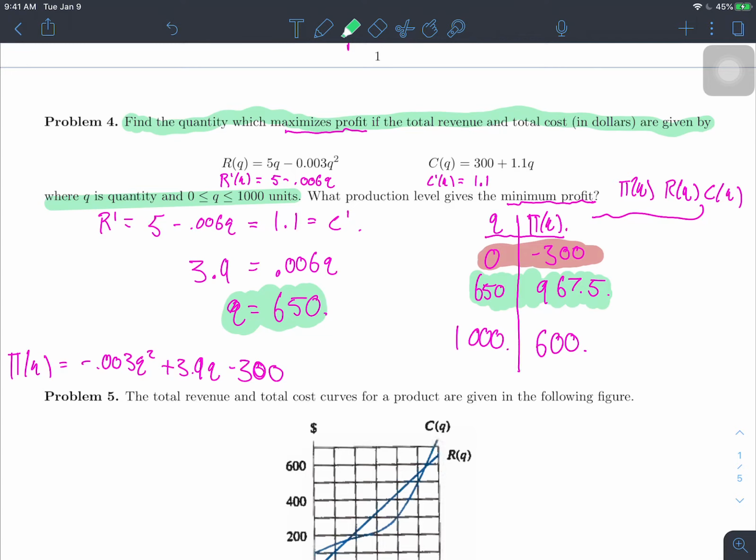The other places that we had to check besides the critical points were the boundary points. So we took all of our critical points and all of our boundary points, and we put them in a table, and those are like our state champs, and now we want to look for the national champs, or the national loser in our case, and find out what's the smallest number on the right-hand side. That's our global min, with the corresponding critical point being 0. And then we find where we have the maximum profit.